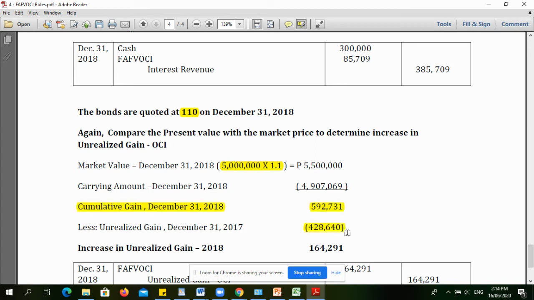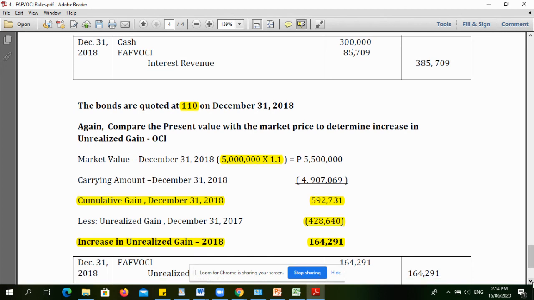So, what we do is deduct 428,640 from 592,731. The increase in unrealized gain for the year 2018 is 164,291, since the 428,640 we already recognized during 2017.